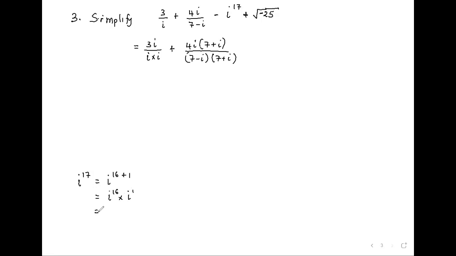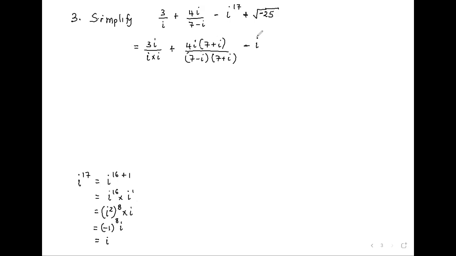But i to the power 16 is i squared to the power 8, so we have minus 1 to the power 8 times i. Negative 1 to the power 8 is positive, so we remain with i. With the minus still there, this whole thing has become minus i.